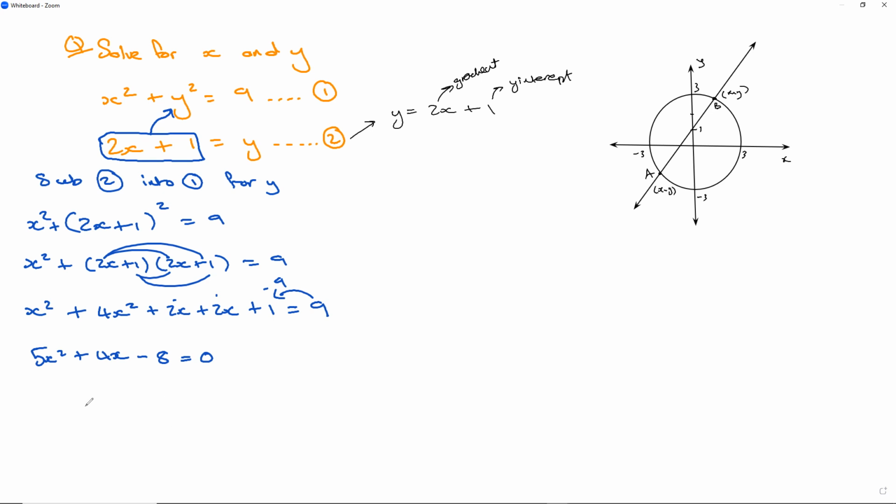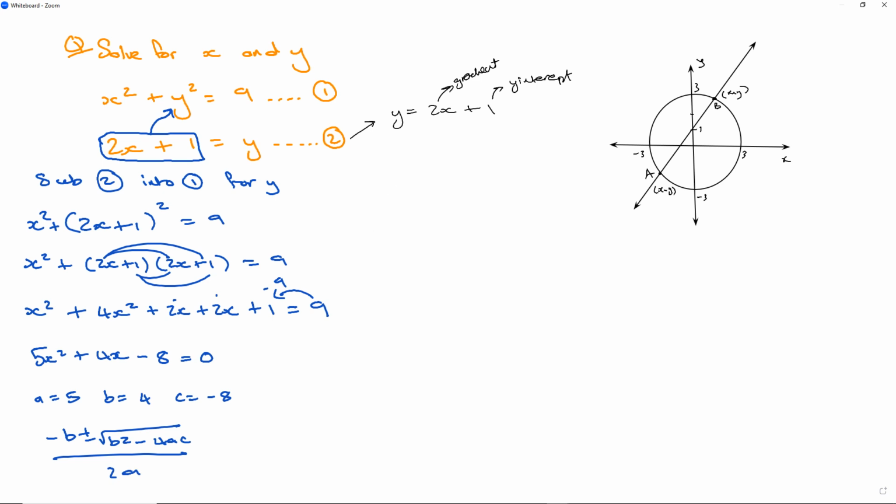And now I've got this function which maybe I'm not sure how to factorize, or maybe it doesn't factorize. So I would use the quadratic formula, a equals 5, b equals 4, and c equals negative 8, and substitute it into the formula: minus b plus or minus the square root of b squared minus 4ac, over 2a.